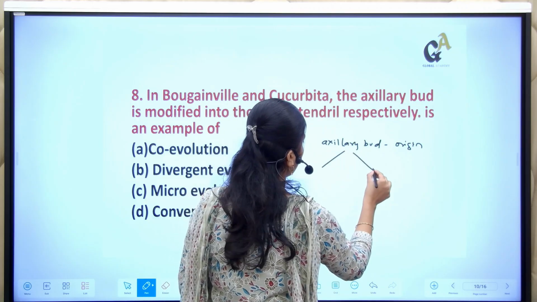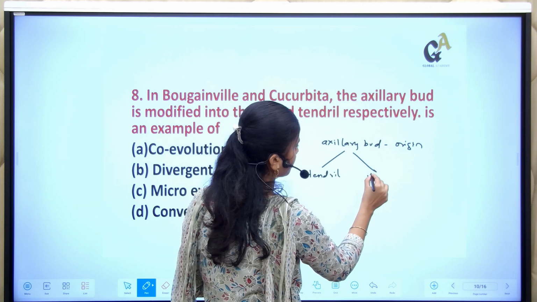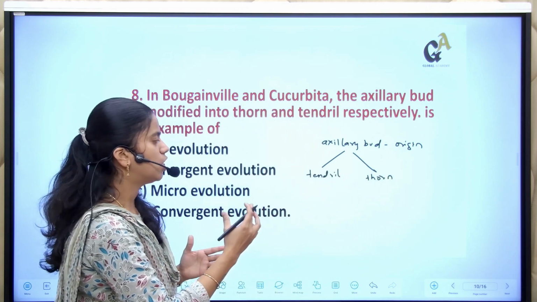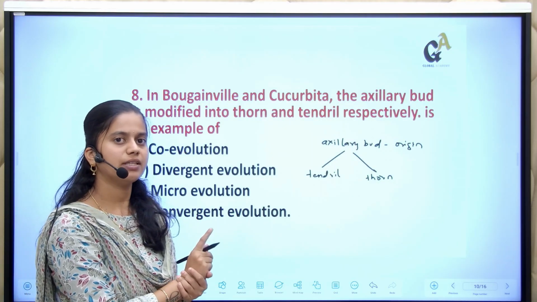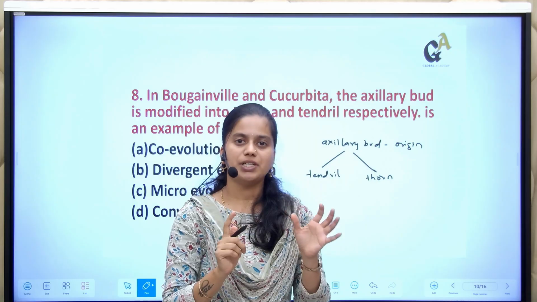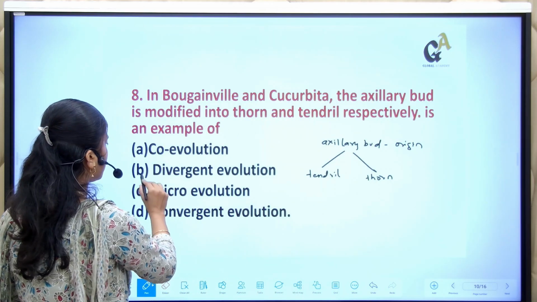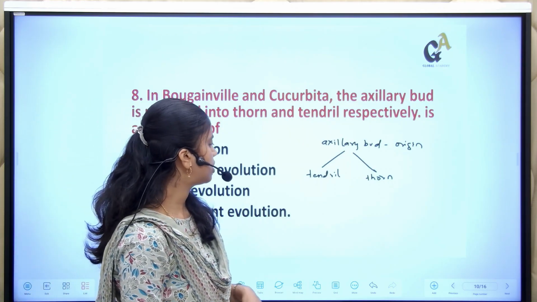It has been modified into tendril and thorn, with different structure and different function. In divergent evolution, they speak of the same origin but different structures and different functions. So Bougainvillea and Cucurbita, with their thorn and tendril, are an example of divergent evolution.